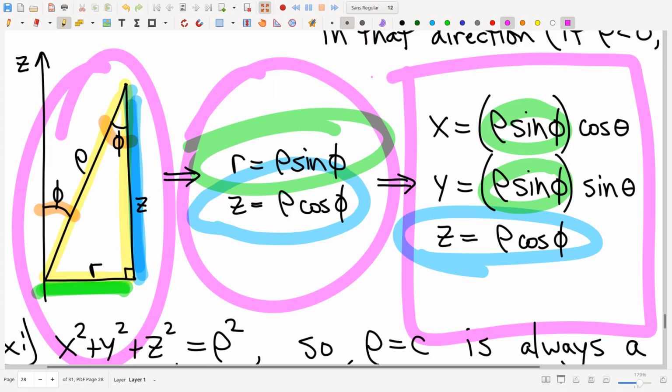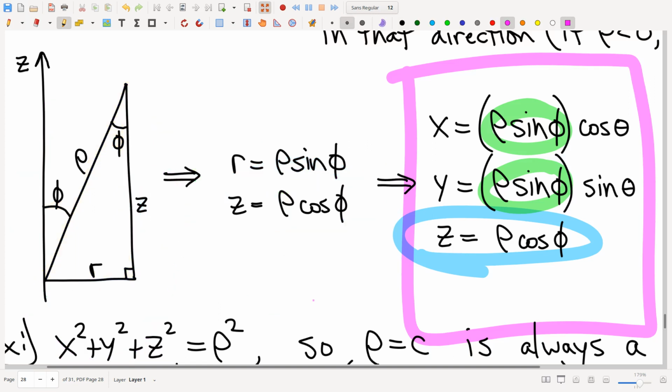I'd get it wrong at some point, and I can't speak for you, but I think you probably will too, right? So my advice on this is make sure you understand this triangle, the easy trig conclusions that you get from this one easy little triangle, and then just always derive these formulas as needed, right?